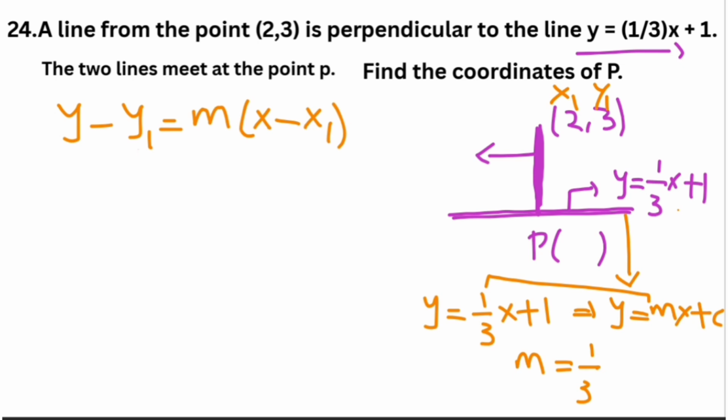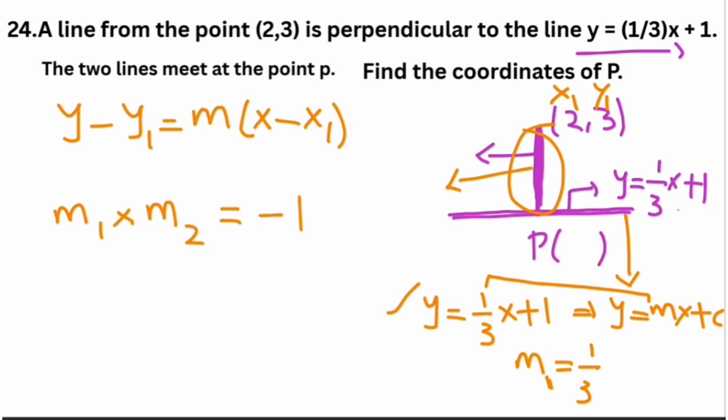And we don't know this line's slope. We know only that this line and this line are perpendicular. When two lines are perpendicular, the product of their slopes is going to be minus 1. So if we consider this as m1 and this line's slope is m2, the product is going to be minus 1. What is m1? 1 by 3.